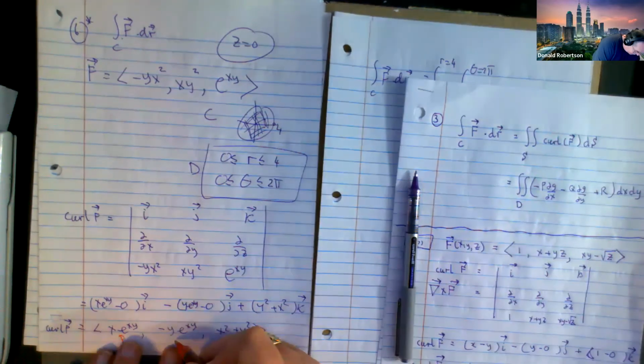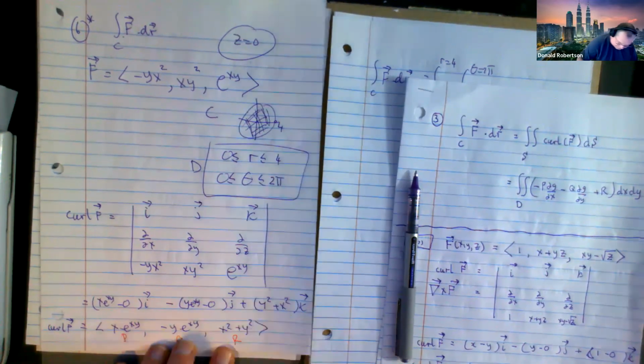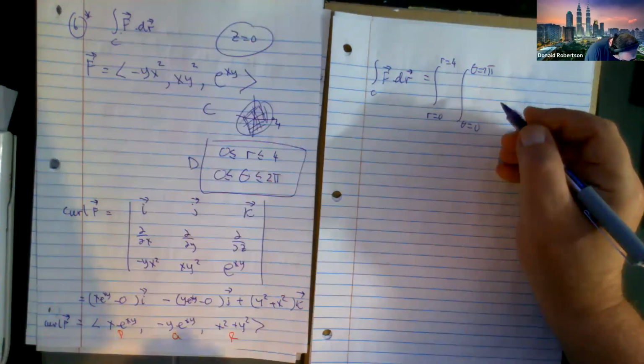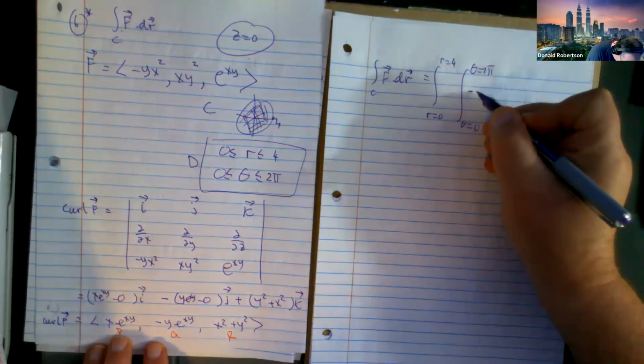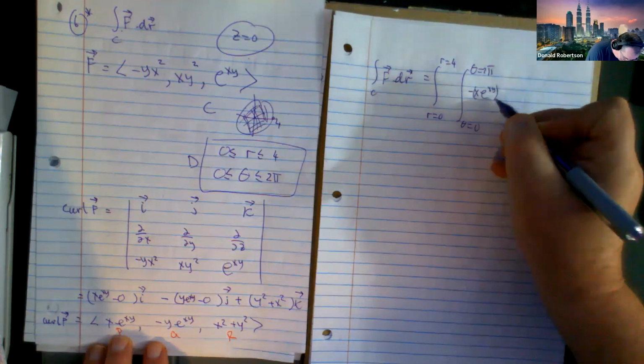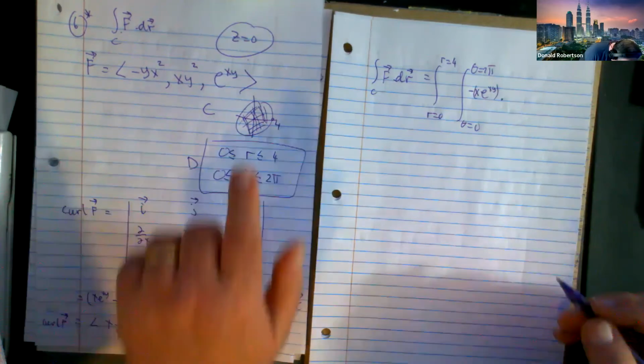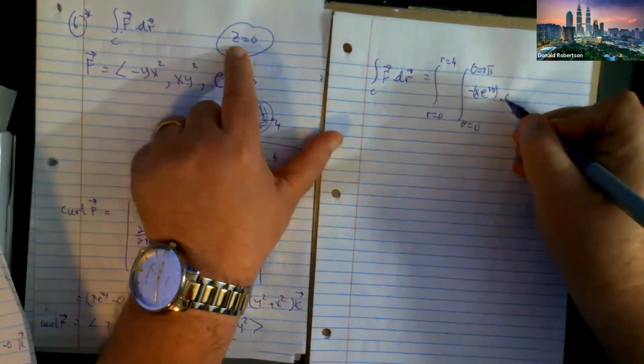That's P, that's Q, that's R. So P is negative x e to the xy times the derivative of that with respect to x, which is 0.